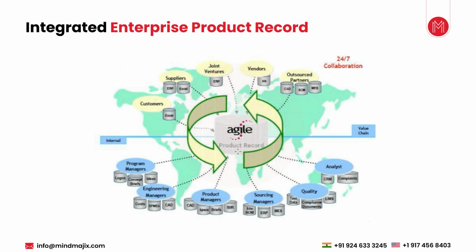We are managing all these value chain associates like customers, suppliers, joint ventures, vendors, and outsource partners in Agile PLM using different components or objects. Similarly, we involve program managers, engineering managers, all these managers or departments with the help of their workflows, approvers, or their own defined attributes or objects.